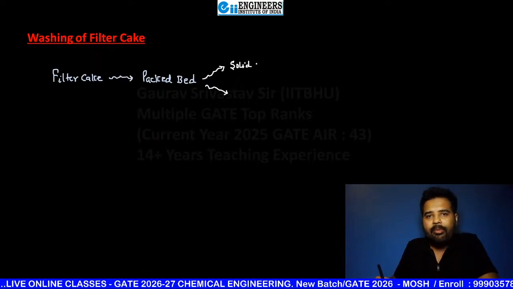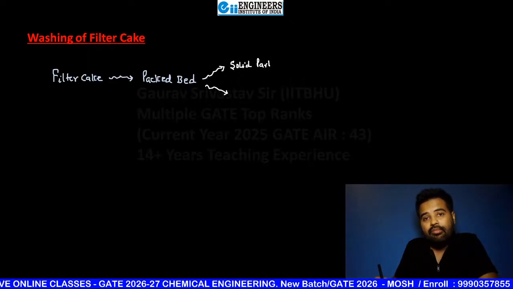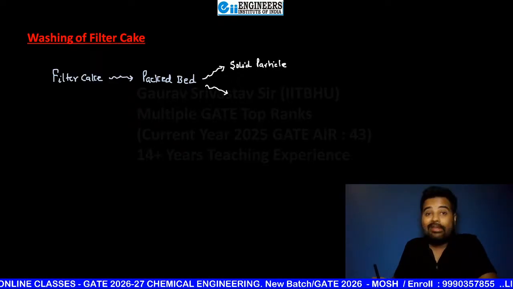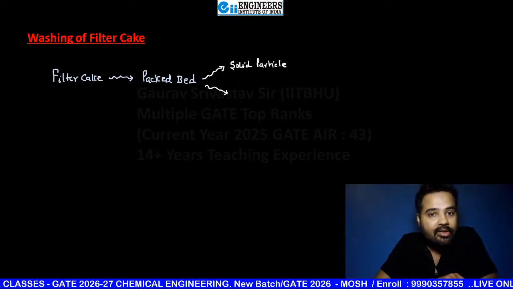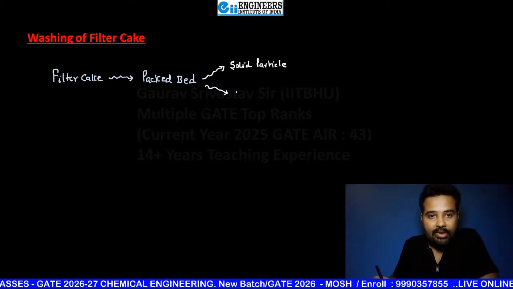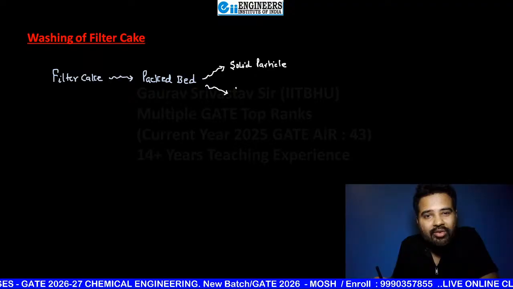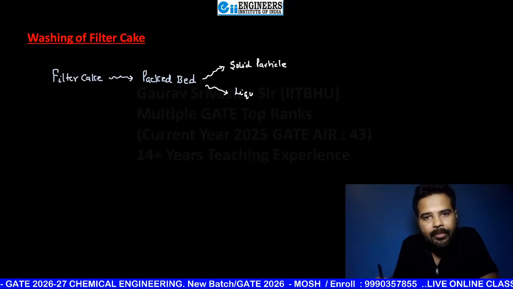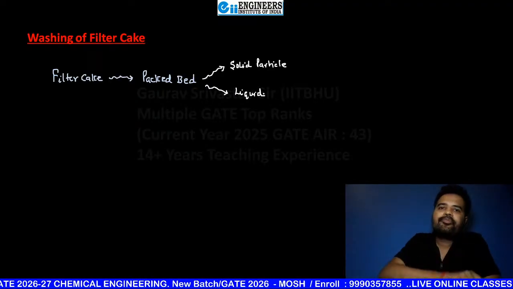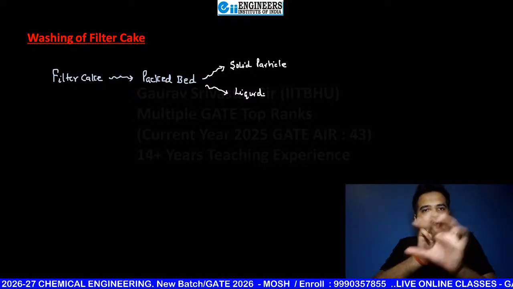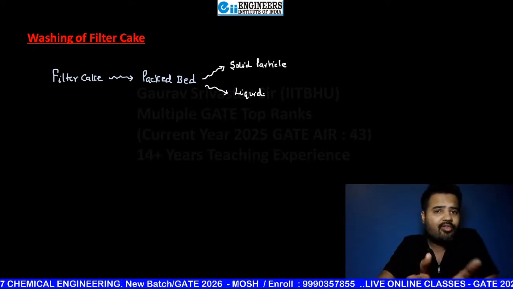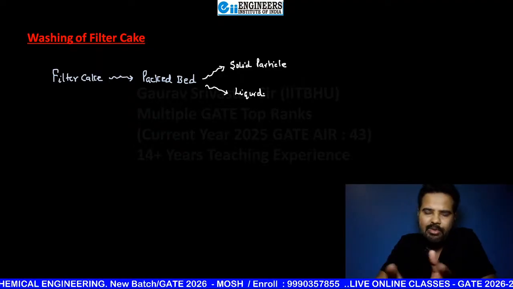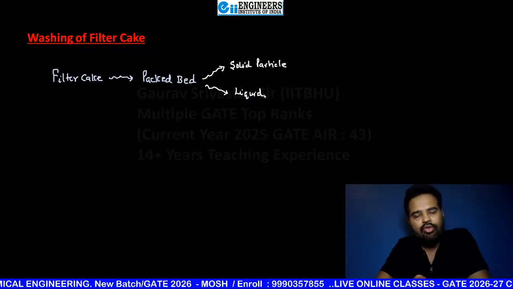The cake is not totally dry, it also contains filtrate, or you can say liquid in it. That is your cake, the cake is wet. So cake contains solid particles plus filtrate, that means liquid plus solid is cake.